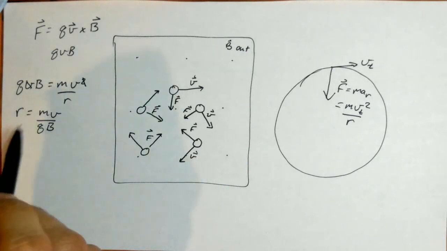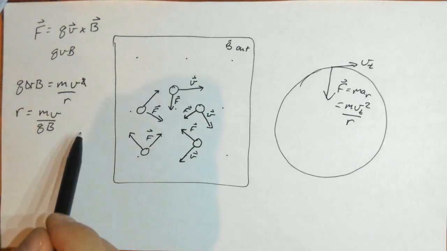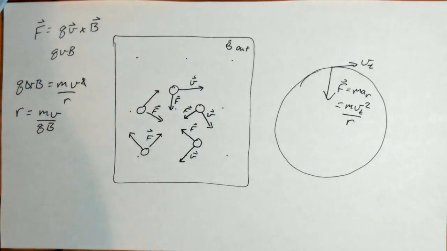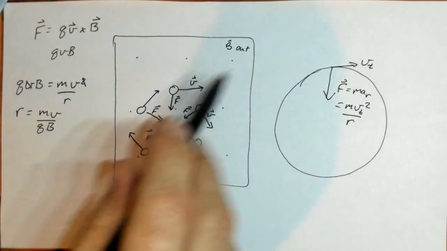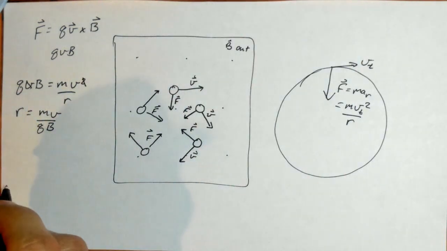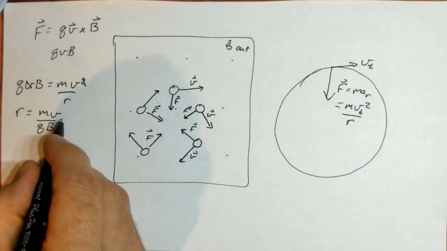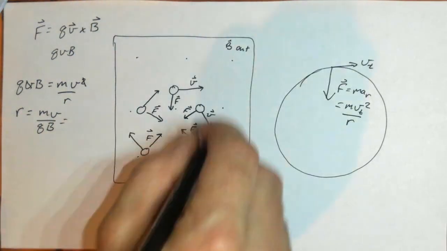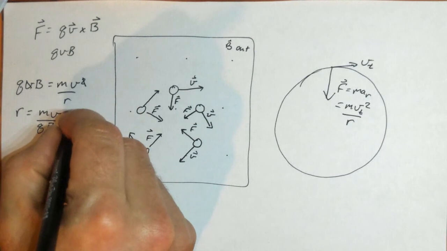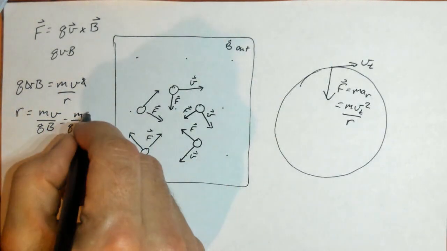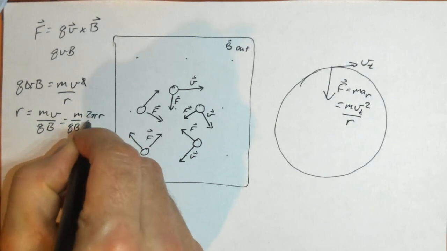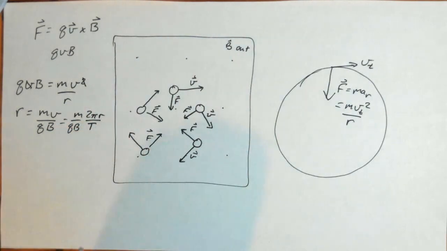Now there's another thing we can play with. Since it's circular motion, we can do some timing problems, or talk about the time it takes for it to go around. V is equal to, since it's moving in a circle, distance over time. So we have v equals qBr over m. And distance over time is a circumference, so 2 pi r over the period.